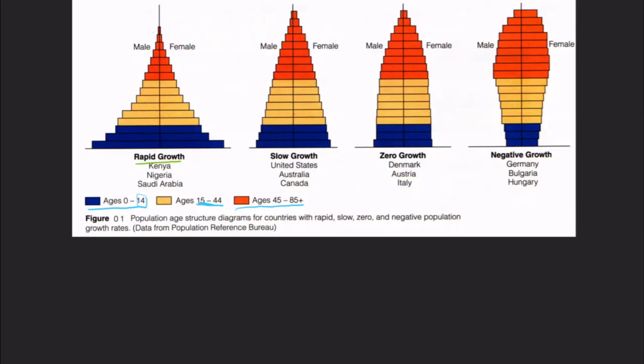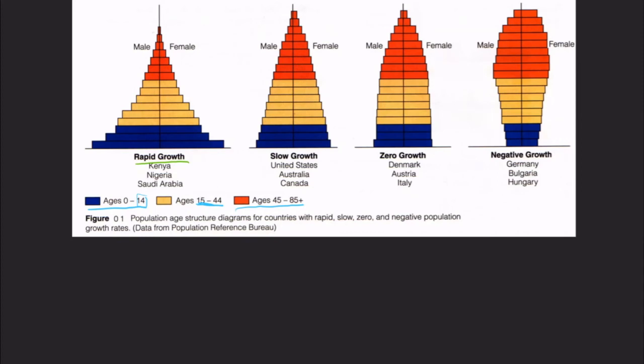For a country that is having rapid population growth, so their population is rapidly increasing, let's look at some of these. Kenya, Nigeria, Saudi Arabia, these tend to be developing nations. And so we see this rapid growth because, again, death rate is declining, but birth rate is still high.